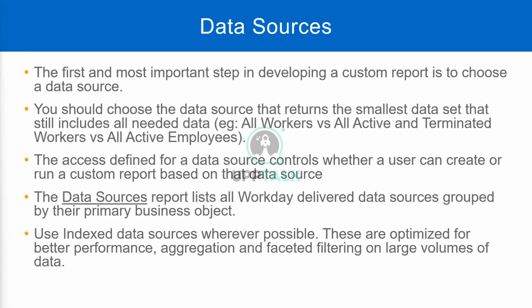Now let's take an example: all workers versus all active and terminated workers versus all active employees. Data sources are Workday delivered. Data sources will be given by Workday. So all workers. What does the name suggest?